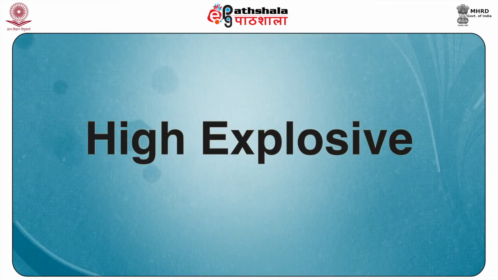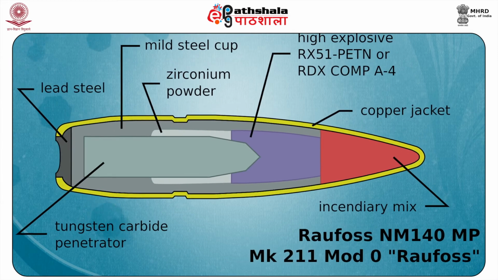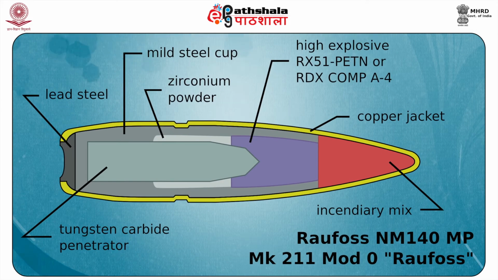High explosives. The explosives that detonate, meaning that the explosive shock front passes through the material at a supersonic speed. These are commonly used in activities involving mining, destruction, and military applications.